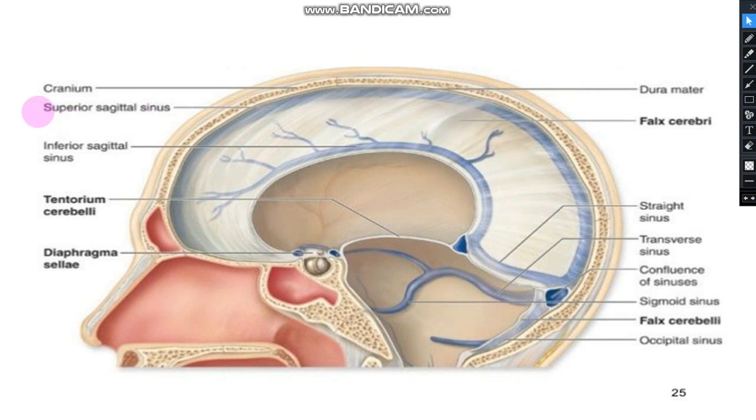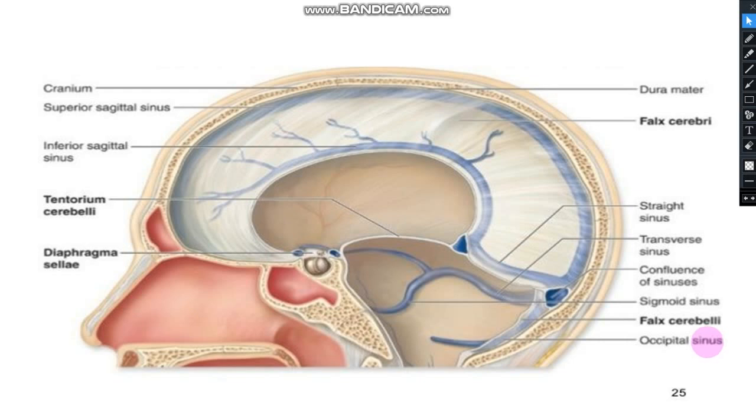So we can see here the dural sinuses: superior sagittal sinus, inferior sagittal sinus, straight sinus, transverse sinus, and here is the confluence of the sinuses, sigmoid sinus, occipital sinus.